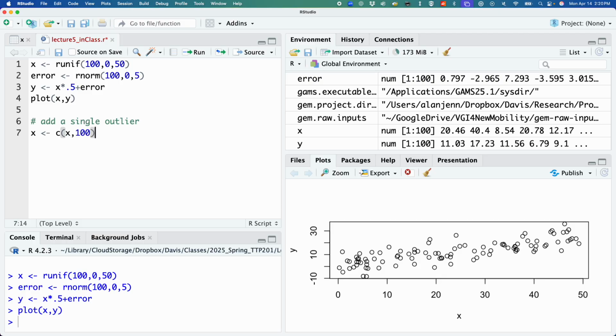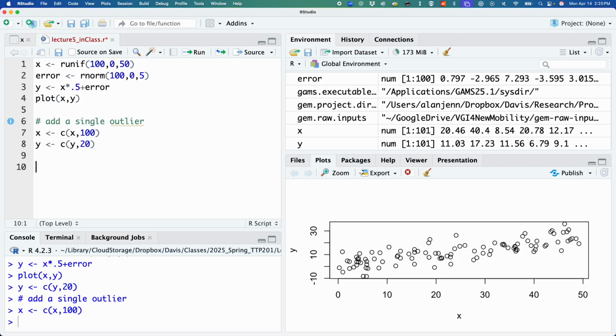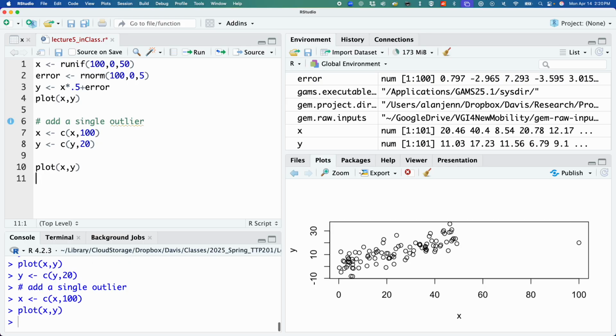It's going to be at 100, and y is going to be the y that I had before, and y will be 20. And if I now again plot x and y, I will now have some dude way out there in the ether that is going to be our example outlier.